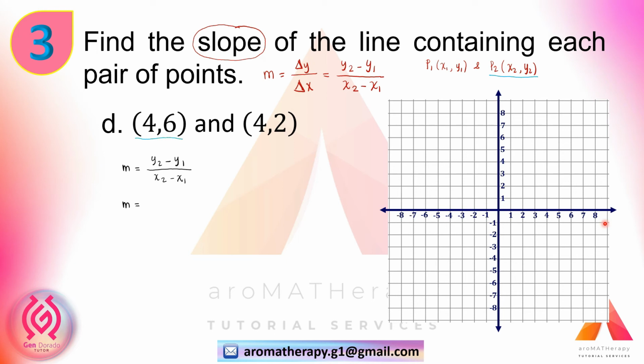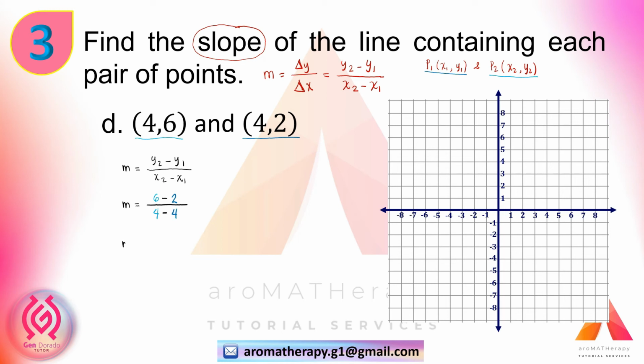Ayan ha, si P sub 2, (4, 6), P sub 1, (4, 2). Let us substitute these values here. So we have 6 minus 2 over 4 minus 4.